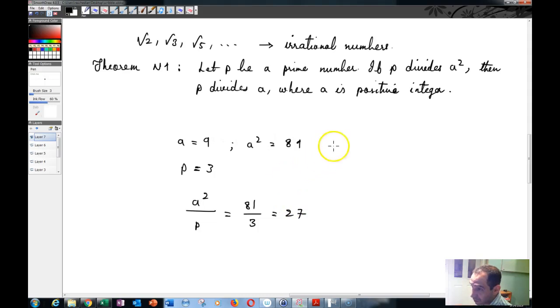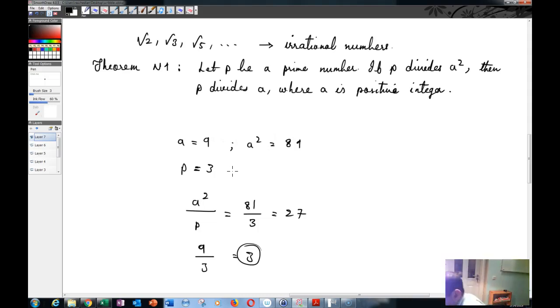Now if P divides A squared, then P divides A, meaning that A, which is equal to 9, is also divisible by P, which is equal to 3. That's something simple that you will realize on your own if you work with numbers for a little bit and do some calculations.